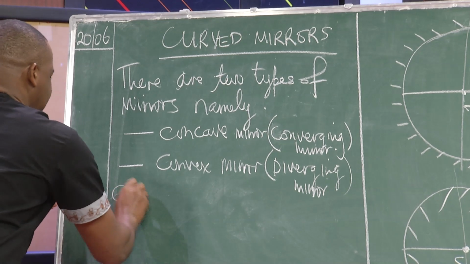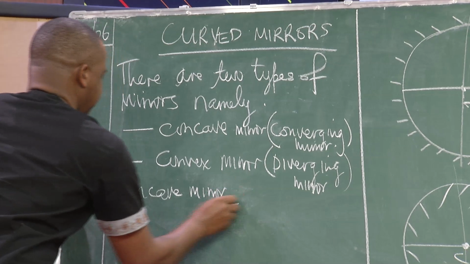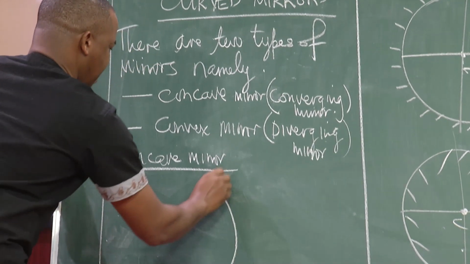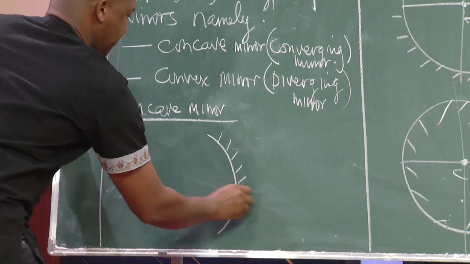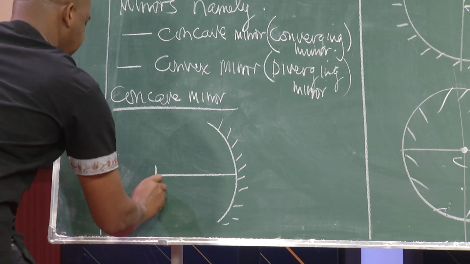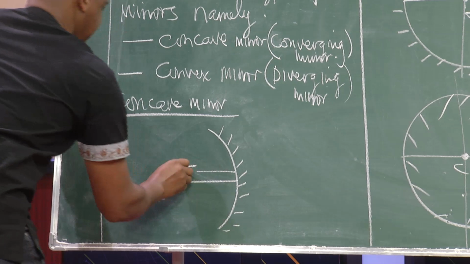If I may start with the concave, as I've already emphasized, it is illustrated by this kind of shape and is silvered out. Therefore, if this is the center, then this distance is the radius of curvature.